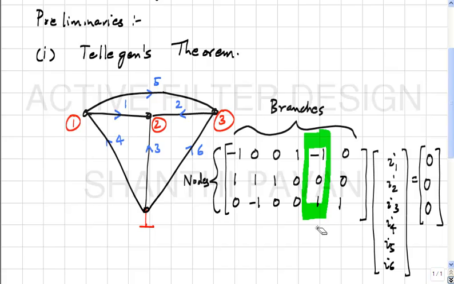All right. And those columns which have only one entry, they are going to the ground. You understand?